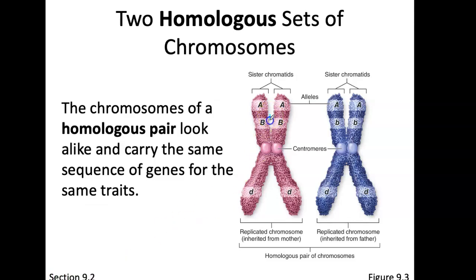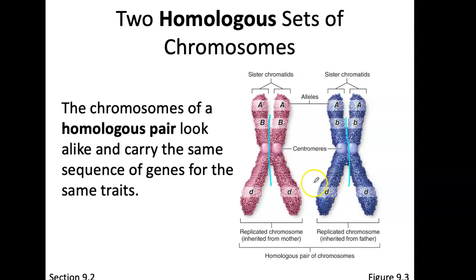I'm going to split it down the middle here. So this is an entire chromosome when it's on its own. This is an entire chromosome when it's on its own. But when it's still attached, it means that it's a duplicated chromosome that will later separate. The same goes here for this one.